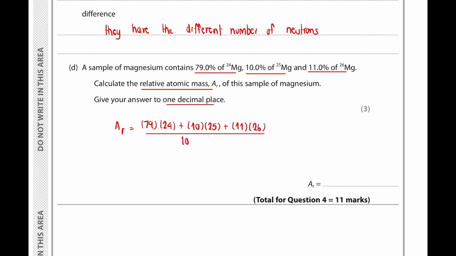So relative atomic mass, or Ar, equals (79 times 24 plus 10 times 25 plus 11 times 26) divided by 100. 79 times 24 is 1896, plus 250, plus 11 times 26 is 286, divided by 100.